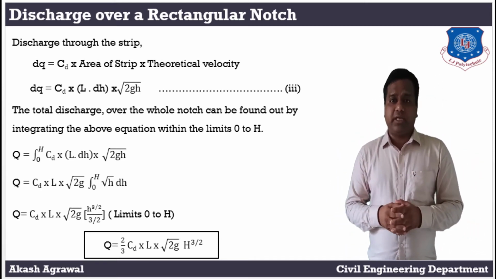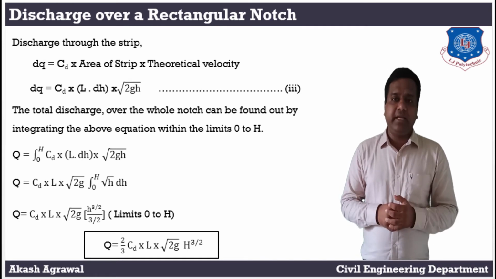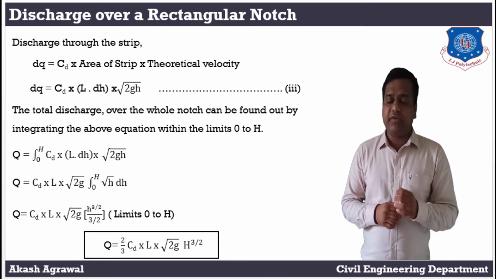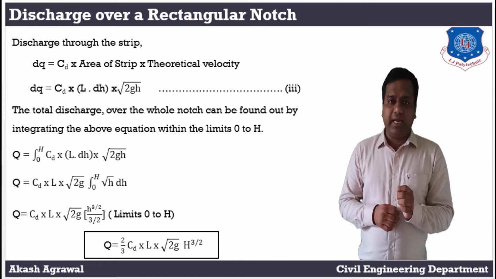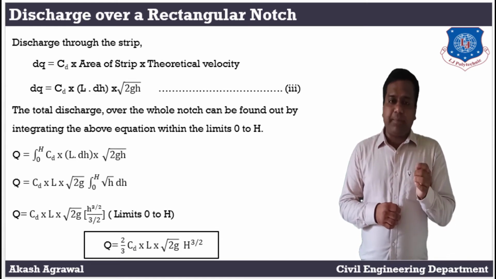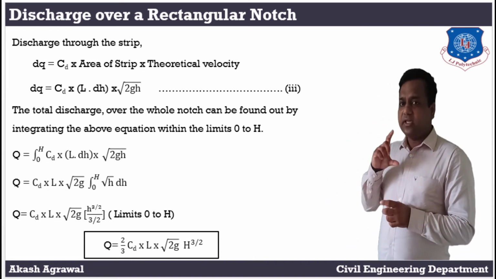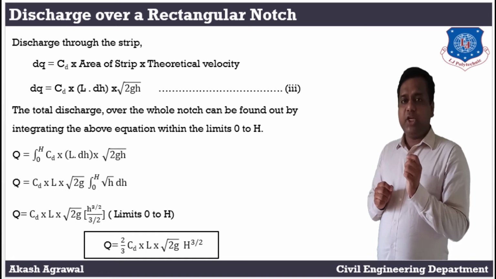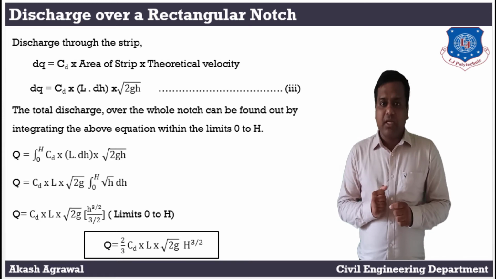Now the total discharge over the whole notch can be found by integrating equation number 3 within the limits 0 to capital H. Now capital Q is equal to the integration from 0 to H of Cd into L into under root of 2gh into dh.